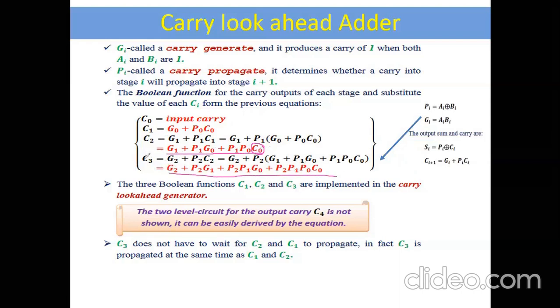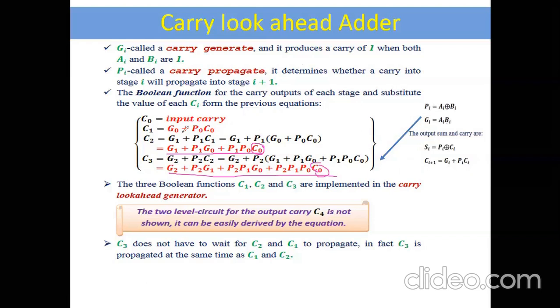C3 also depends only on C0. It does not depend on C2 and C1. So we can reduce the time delay and speed up the process. This is the way we are overcoming the disadvantage of the 4-bit parallel adder by designing the carry look ahead adder. This same concept we are going to implement as a logic diagram.